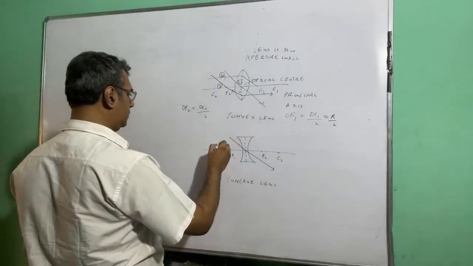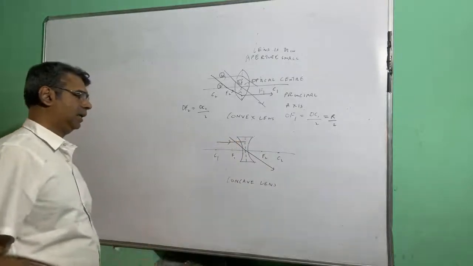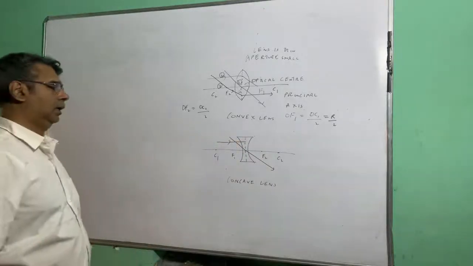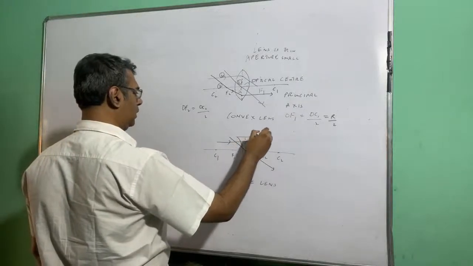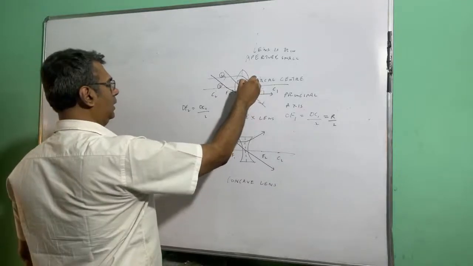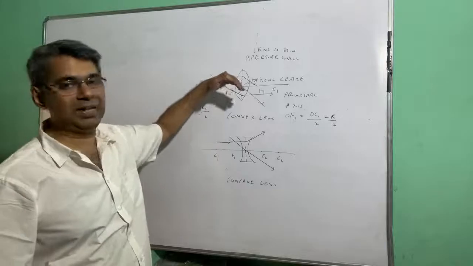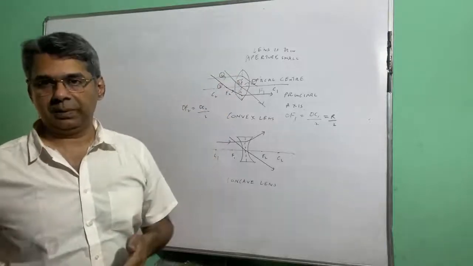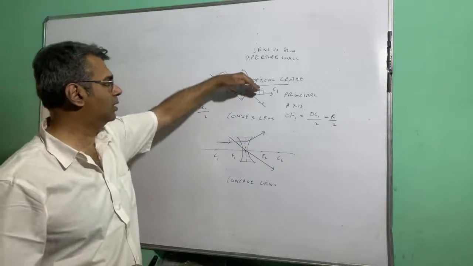So if a ray is parallel to the principal axis, then after refraction, instead of what happens in case of a convex lens, where the ray tries to go closer to the principal axis, in a concave lens it goes away.